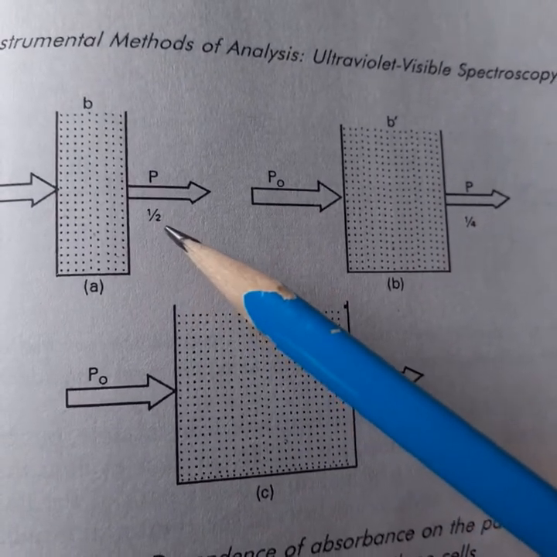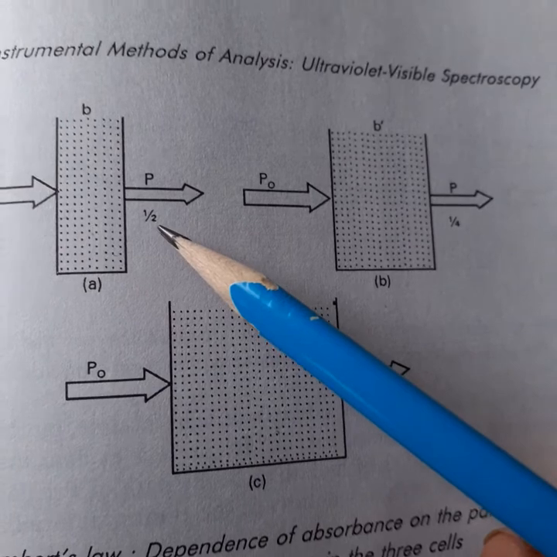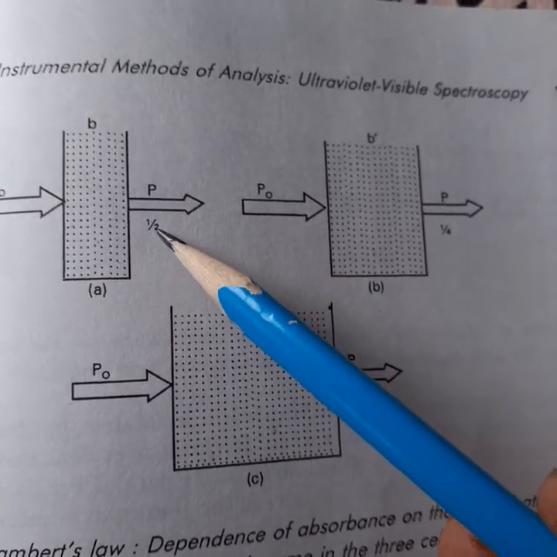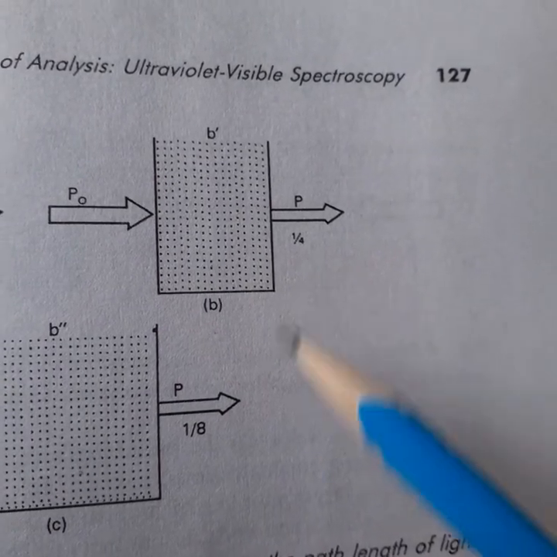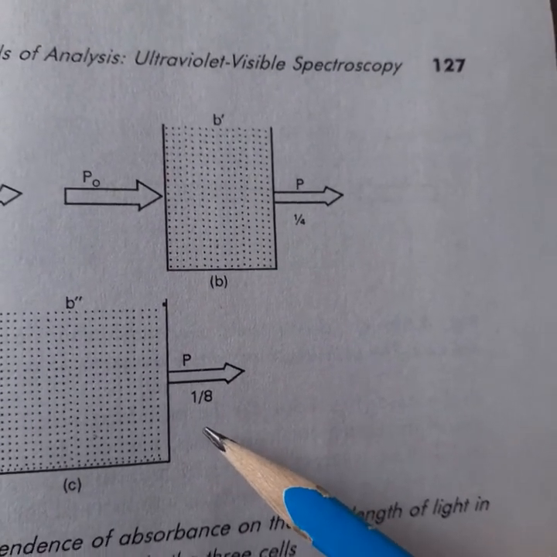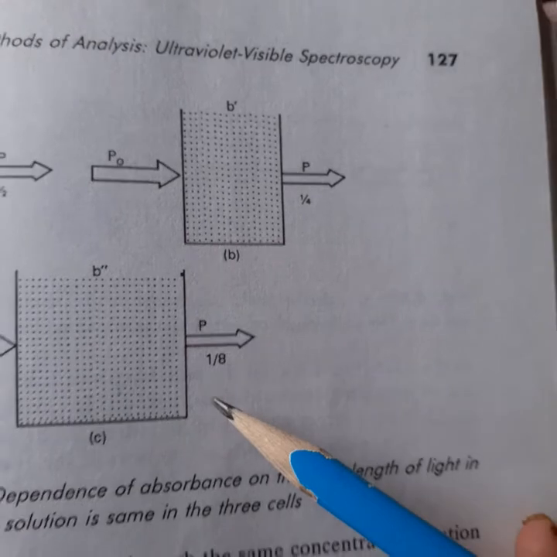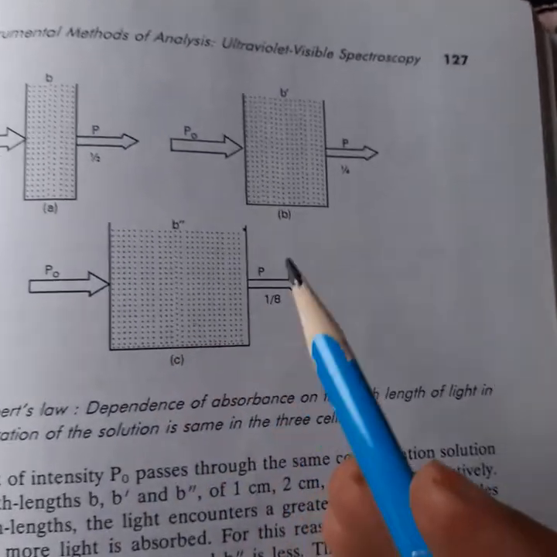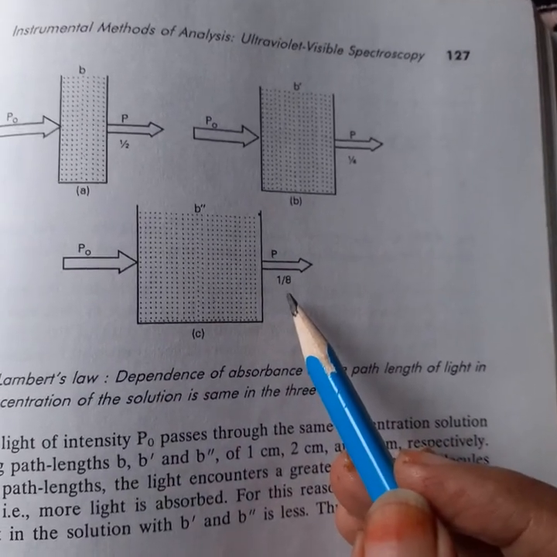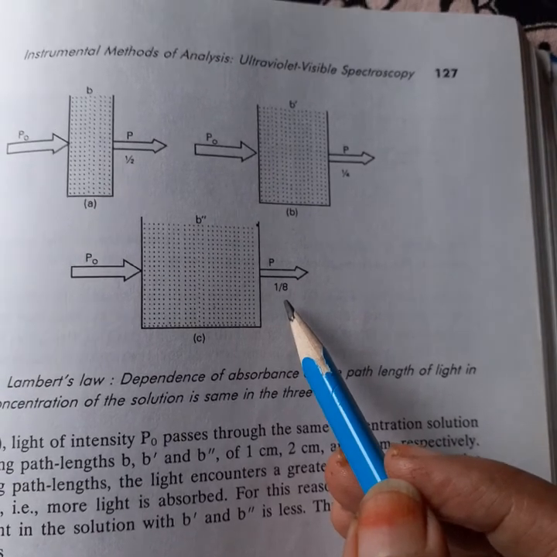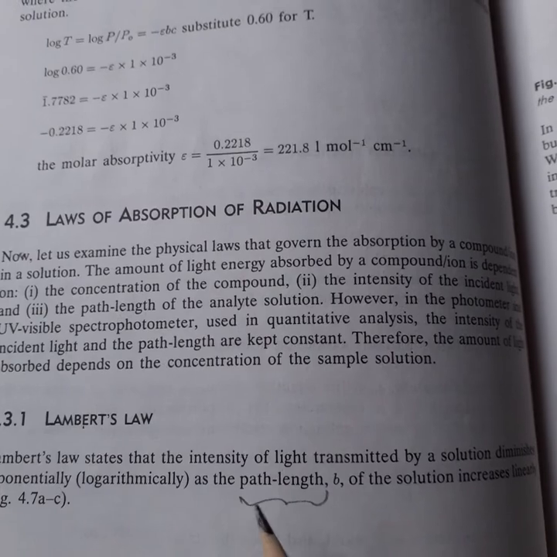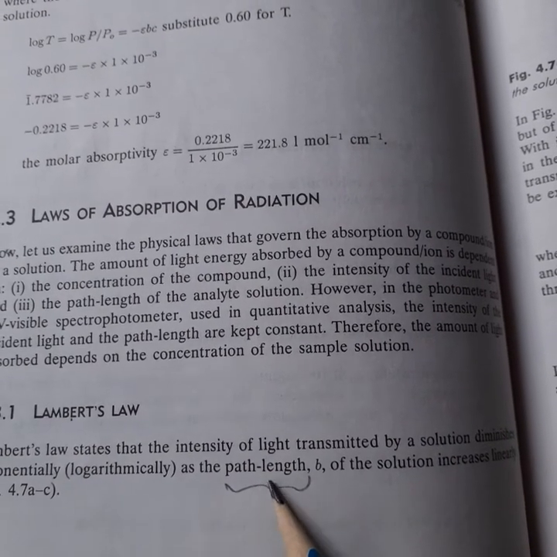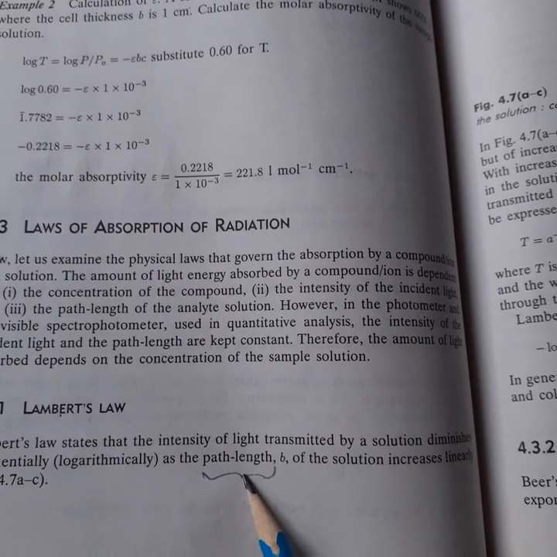How much of the light is transmitted? Half. Here, 1/4 of the light is transmitted. Here, 1/8 of the light is transmitted. So as the path length increases, the amount of light transmitted decreases. That's why Lambert's law says that the amount of light transmitted always depends upon the path length.